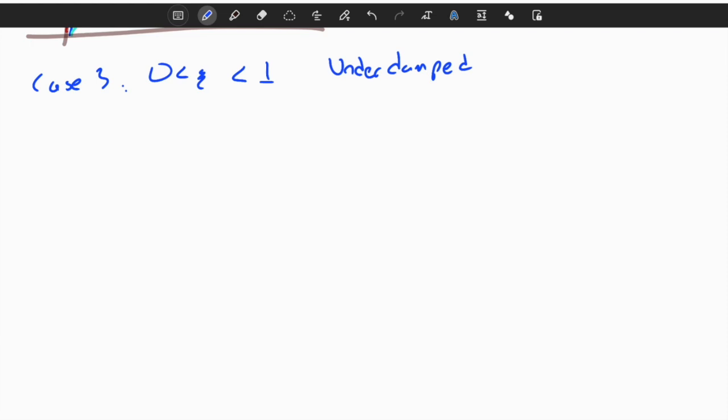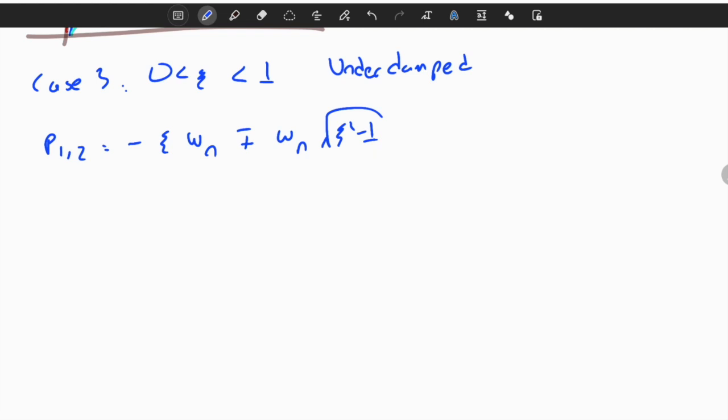In this case, if I compute the poles P1,2, I will obtain minus zeta omega n plus or minus omega n square root of psi square minus 1. Since psi is less than 1, its square is less than 1, so this is technically negative.